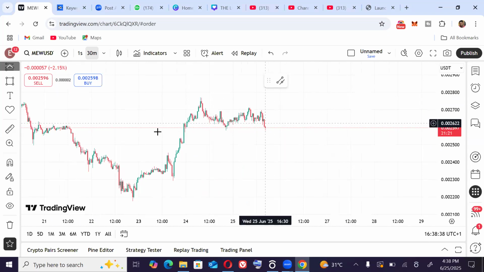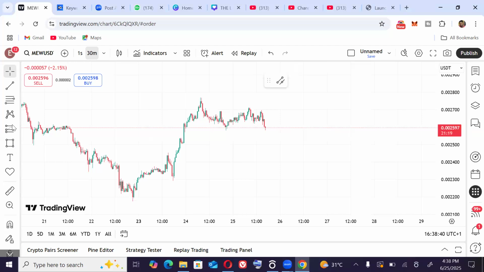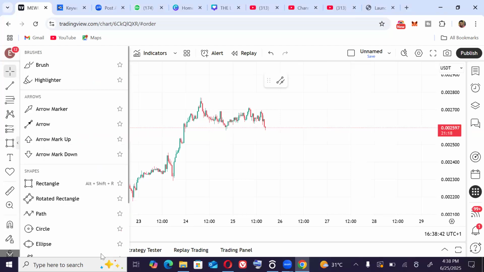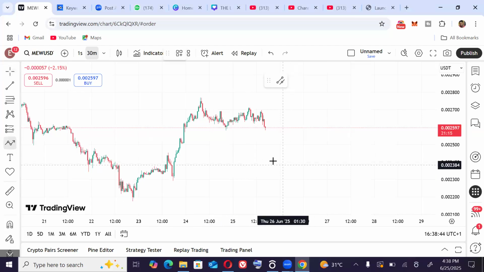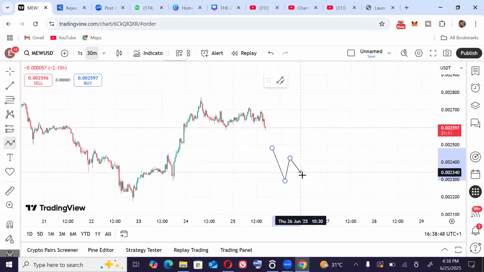and inducement. Now, the first thing we want to do is come here. Let's plot our schematic so that we see everything in real time. Assuming this was a downtrend, like so.